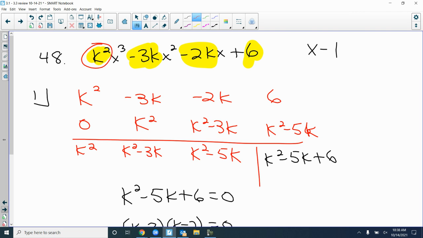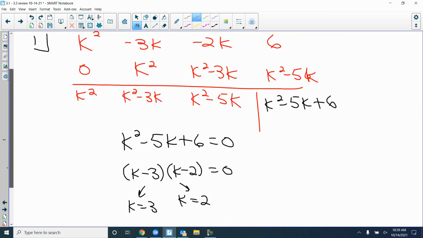I can't add those together, so I just represent it as an expression: K squared minus 3K. Multiply that times 1. That's where I get the next one. Add, I get K squared minus 5K. Multiply it by 1. I got the 6. If that is a factor, the remainder has to equal 0. So we just say, all right, K squared minus 5K plus 6 equals 0.